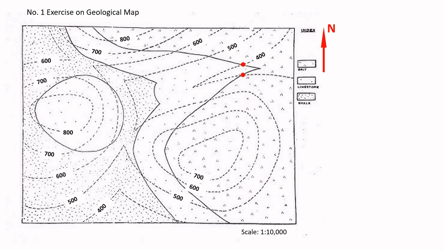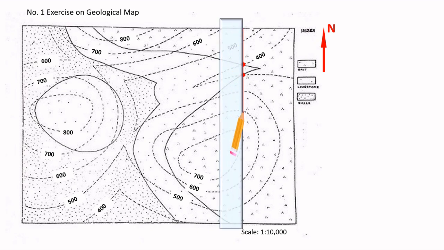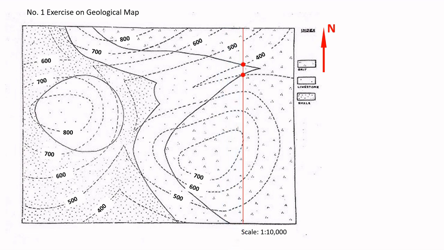These points are both located at an elevation of 400 meters above the sea level. The line connecting these points is a horizontal line which represents the strike of the bedding plane at 400 meters, since the strike is always a horizontal line that runs along the same elevation.